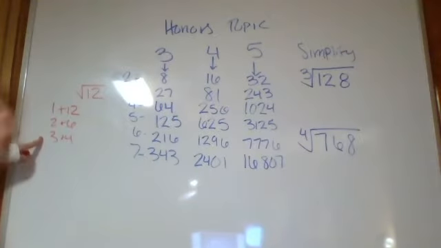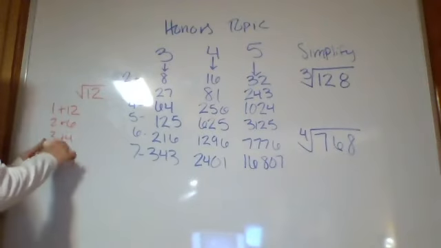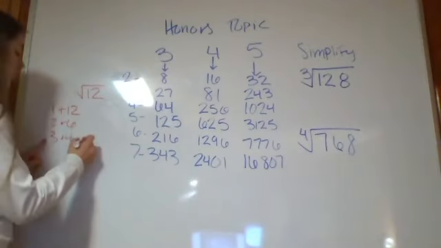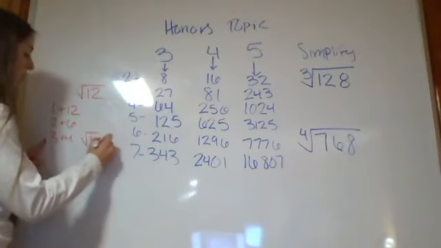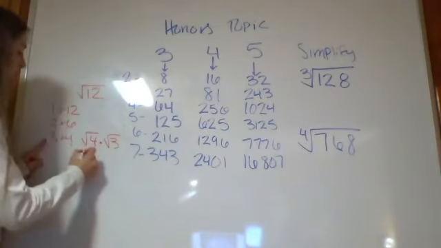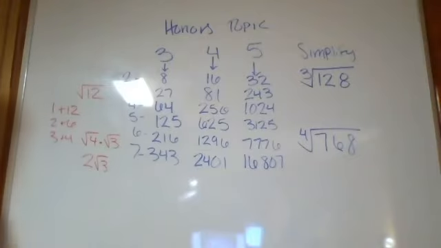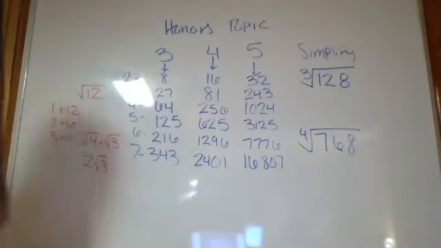Meaning I can take the square root and I'll get a whole number out of it. 4 would be the only one. So you would have split this up into the square root of 4 times the square root of 3, and then simplified it. Square root of 4 is 2. So you would have had 2 root 3 as the answer for that one.